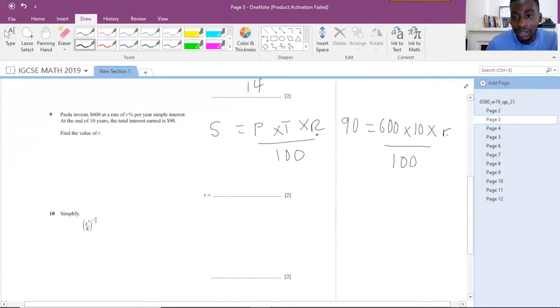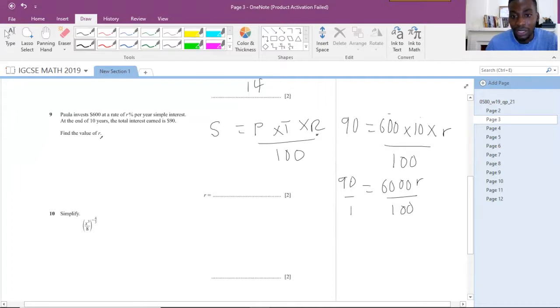I've put it in a small letter because it's a small letter there. So PTR. We just have to make R the subject of the formula. So from here, we can simplify this by saying 90 over 1 is equal to 6,000R over 100. So 600 times 10, 6,000R over 100.